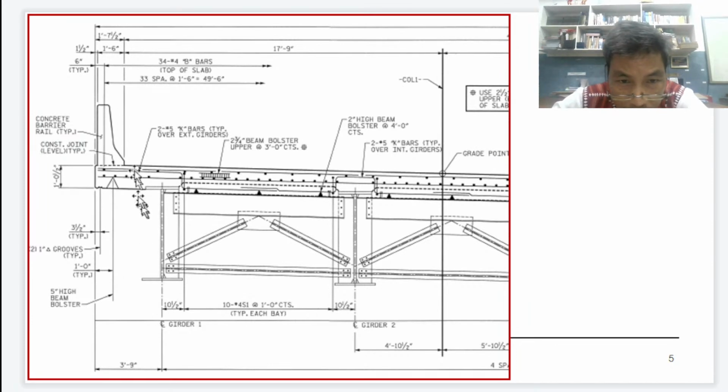So B bar is parallel to the direction of the bridge while the A bars are perpendicular to the direction of the bridge. So that is what we are able to find out.